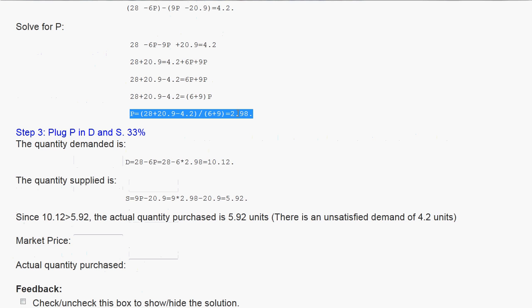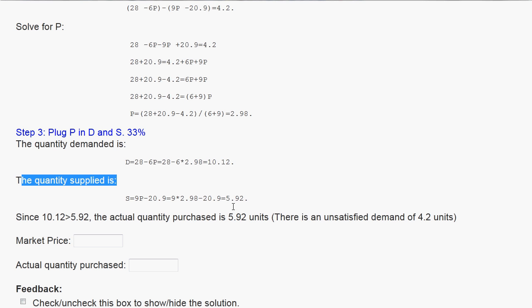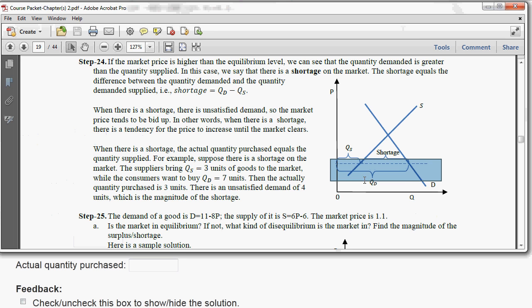Here gives us 10.12, and we can also calculate the quantity supplied. Here it's 5.92. So if we plug these numbers onto the graph, it turns out that QD, the quantity demanded, is 10.12, and this is 5.92.